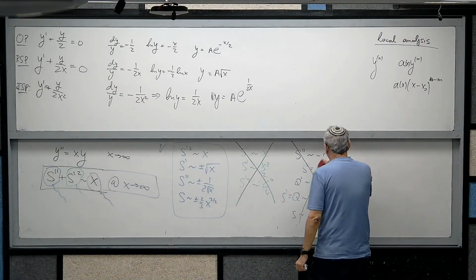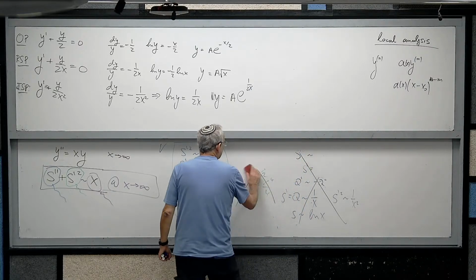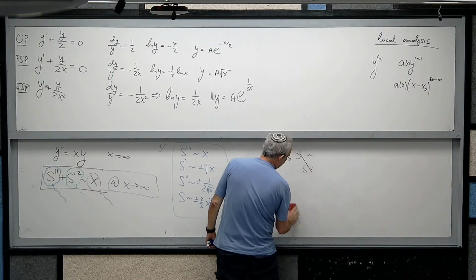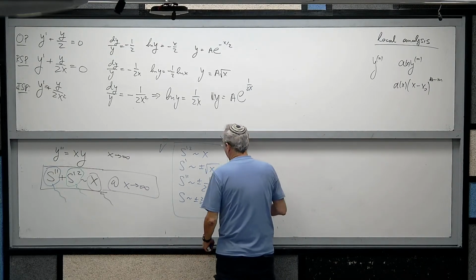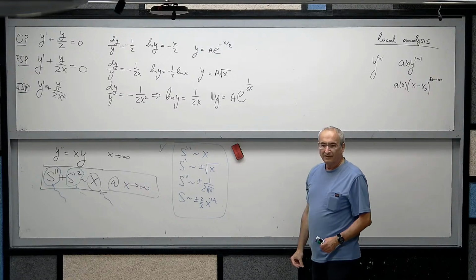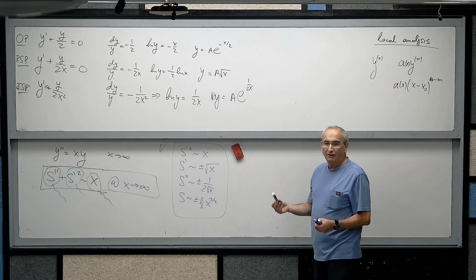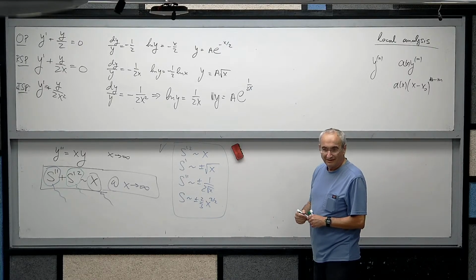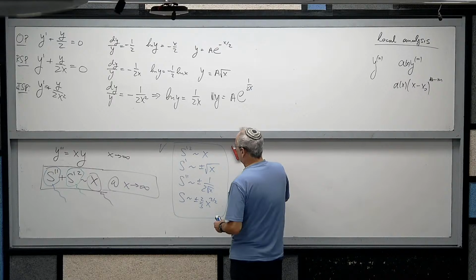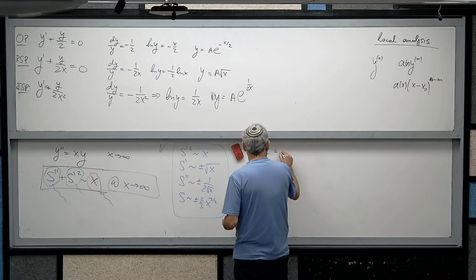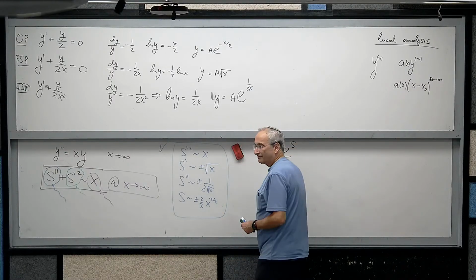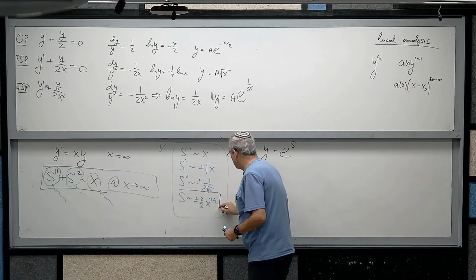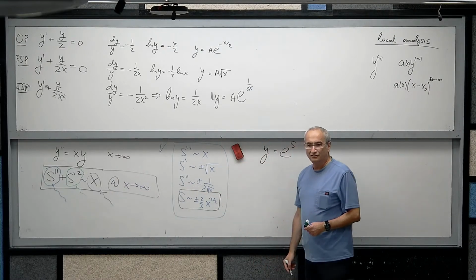So, having that, apparently we now have a big victory, because now I know how y behaves as x goes to infinity. What I know is that y is e to the s, and s is asymptotic to this when x goes to infinity.